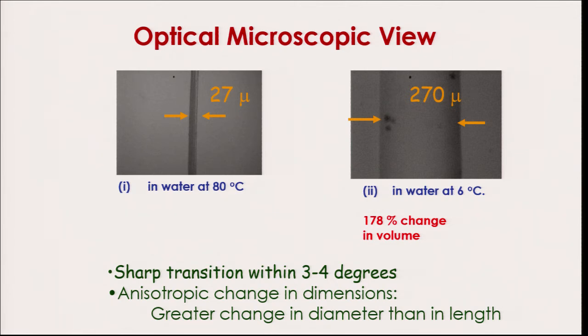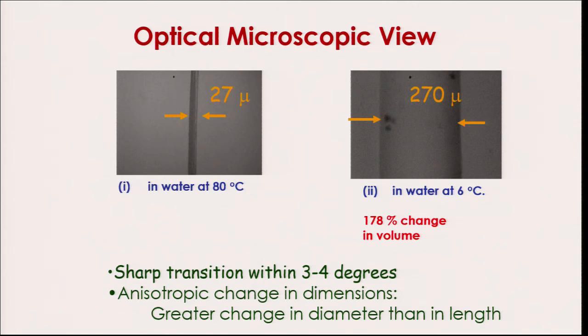The fiber swells, it swells to 270 microns, and importantly, please notice that it shows an anisotropic change in dimensions. Anisotropic change in dimensions means that there is a greater change in diameter compared to the length. Also, the transition change happens within 3 to 4 degrees.